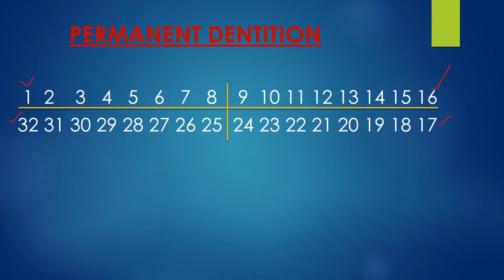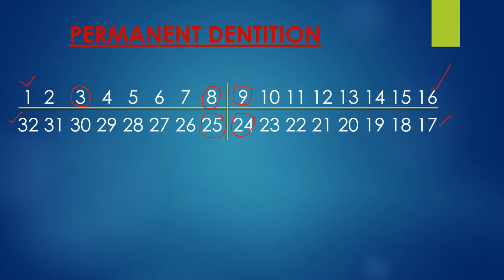As you can see in this formula, thus the right maxillary first molar is designated as number 3, the maxillary left central incisor as number 9, and the maxillary right central incisor as number 8, the mandibular left central incisor as number 24, and the mandibular right central incisor as number 25.